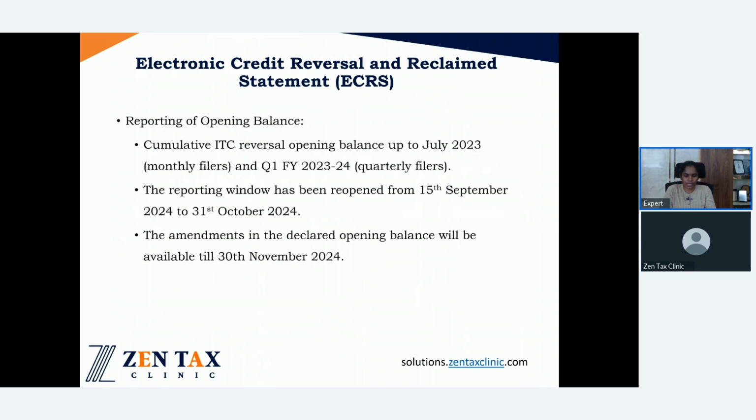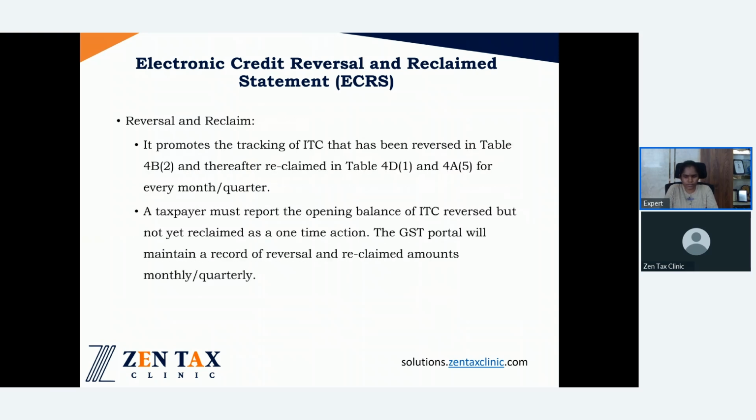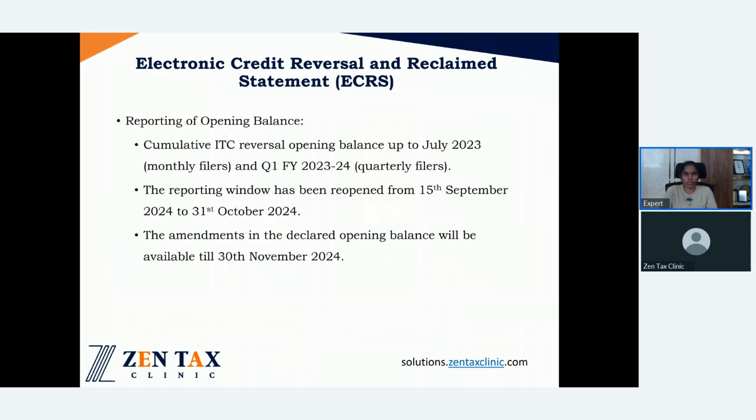The opening balance is to be reported as a cumulative balance up to the period of July 2023. That is, the closing amount of ITC reversal or reclaiming yet to be done up to July 2023, or Q1 of financial year 23-24 for quarterly filers. For monthly filers, it is July 2023.